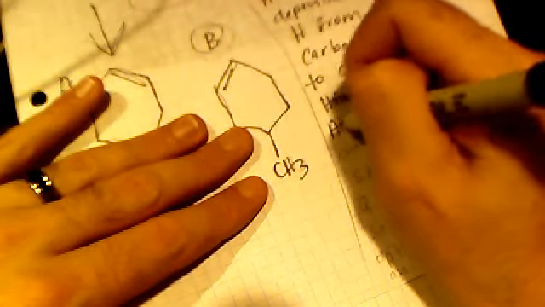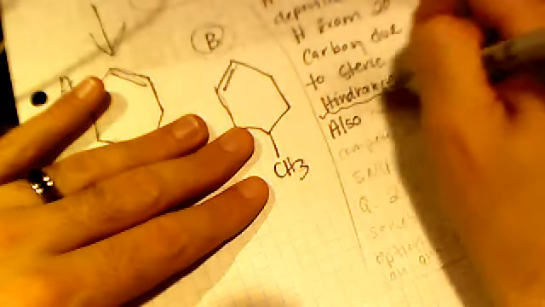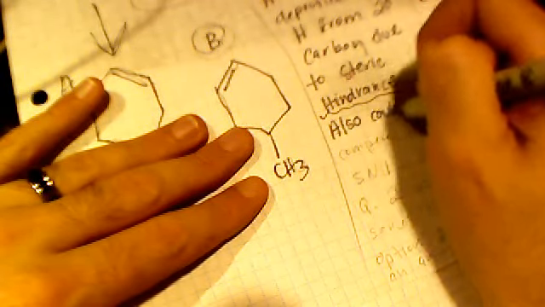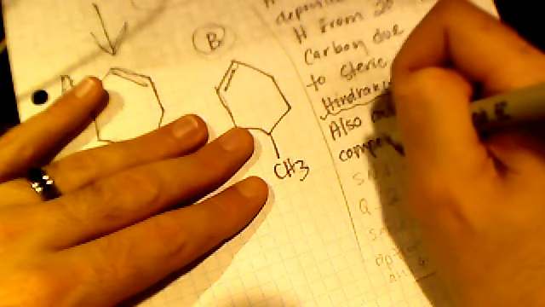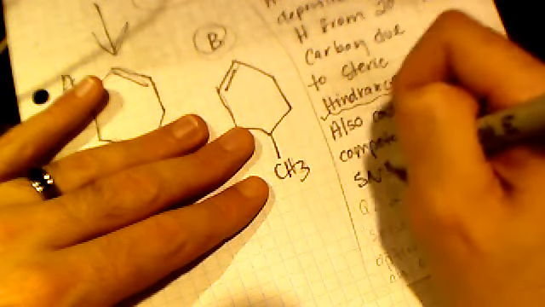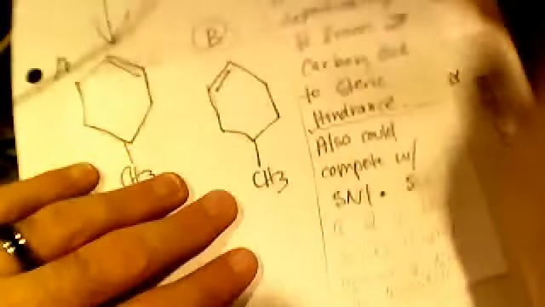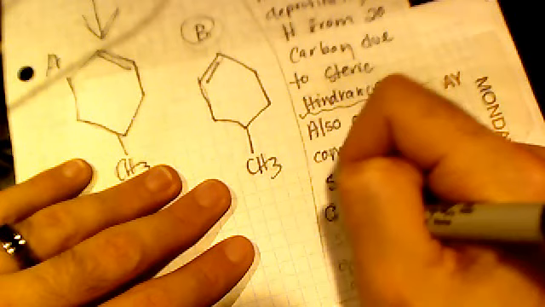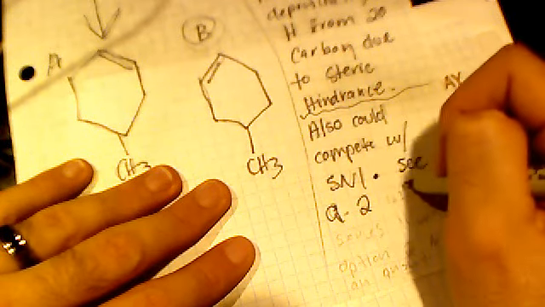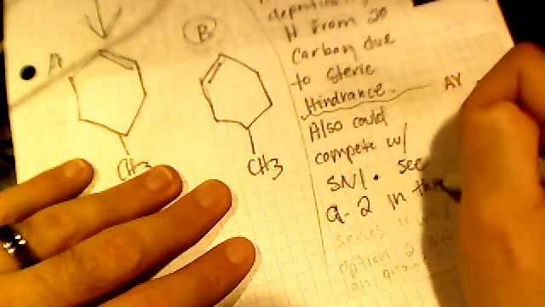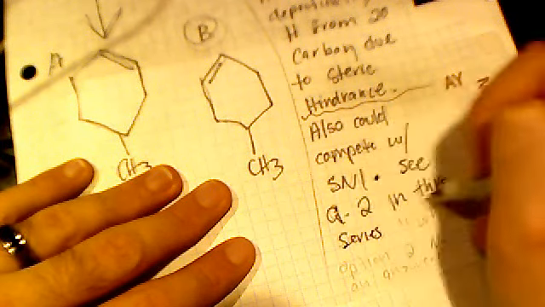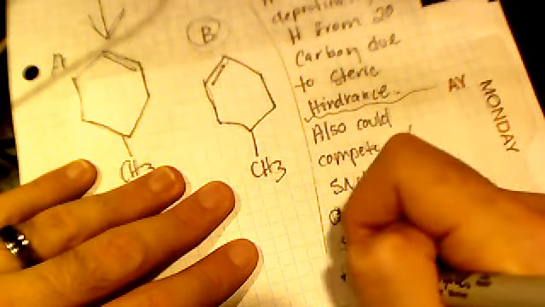And then maybe also, this is just a theory, it could compete with SN1. So in order to answer this question, see question 2 in this series, at the end.